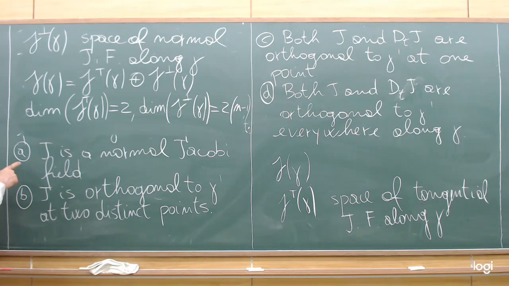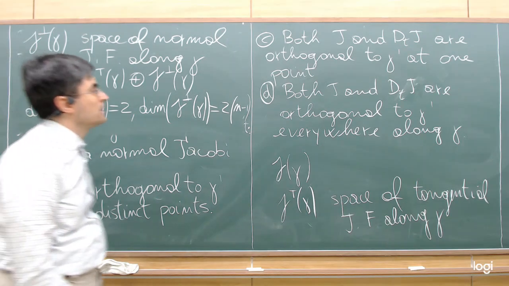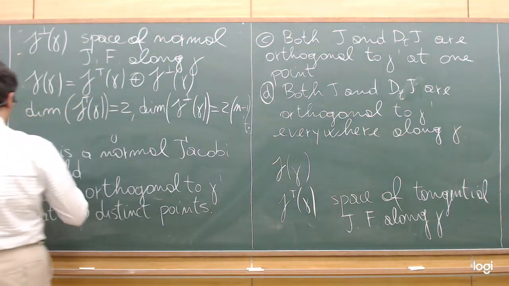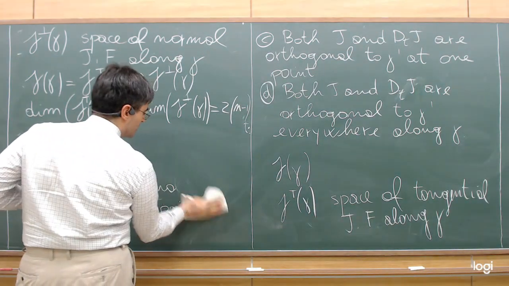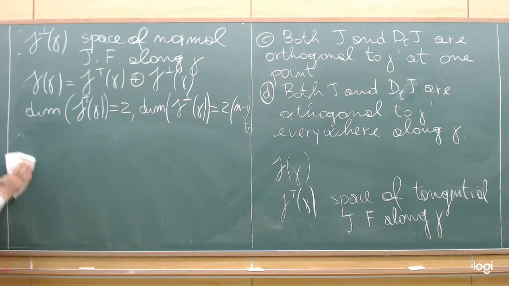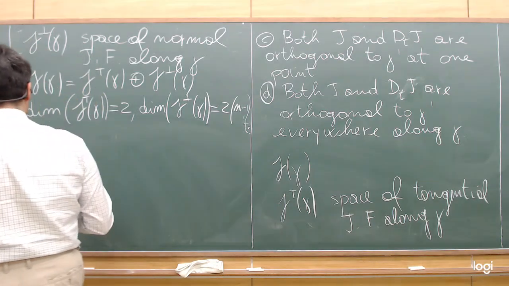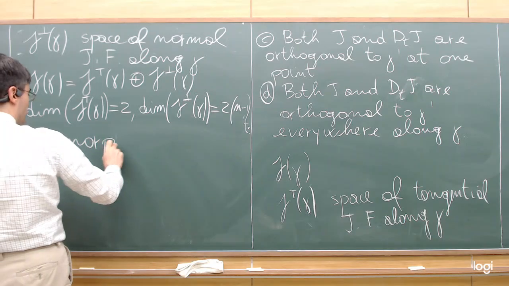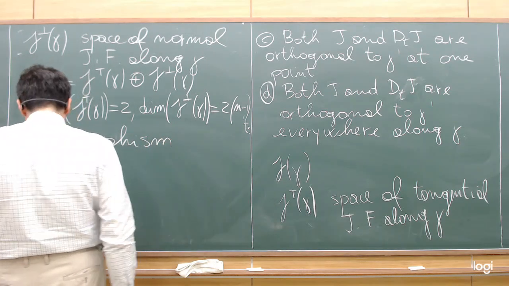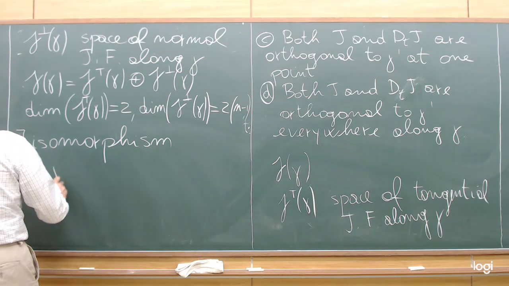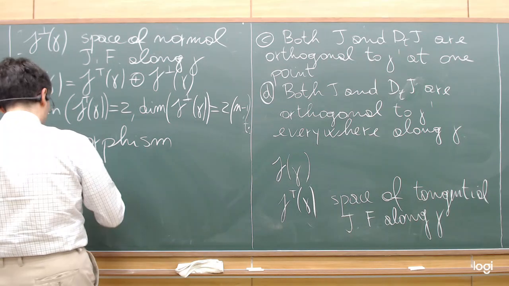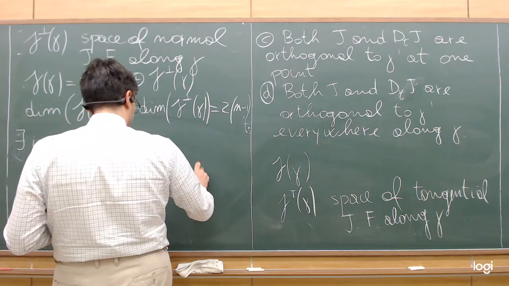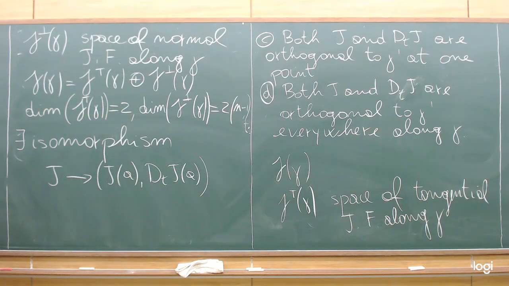Precisely, we will use the equivalence between A and C, combined with the fact that we know that there exists an isomorphism defined by this map, where J is a Jacobi field, of course.